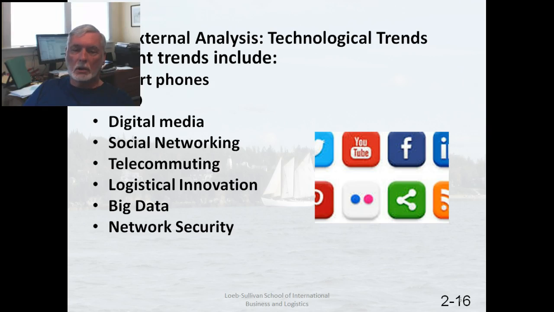And then network security, recording this on the day that there was a huge breakdown in networks, mostly in hospitals, but all over the world. So network security is a technological trend that has to be addressed and considered in any marketing plan. So lots of changes, and next year there'll be 6 more things on here. The change is happening rapidly.